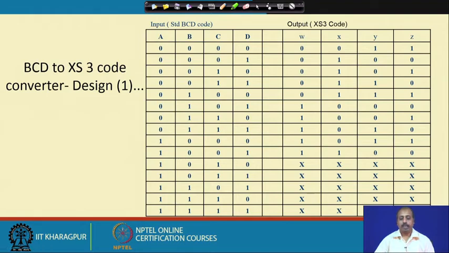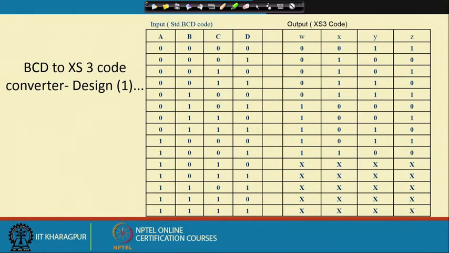Next, we will look into another code which is known as BCD to XS3 code. Many times we want to add some bias to the code, so we do not allow some of the codes to appear. For example, XS3 code means whatever be the value, from there you need to subtract 3 to get the actual value.